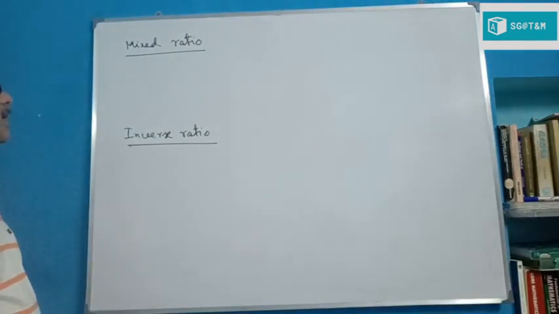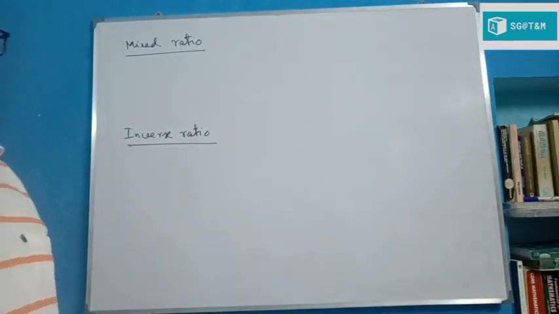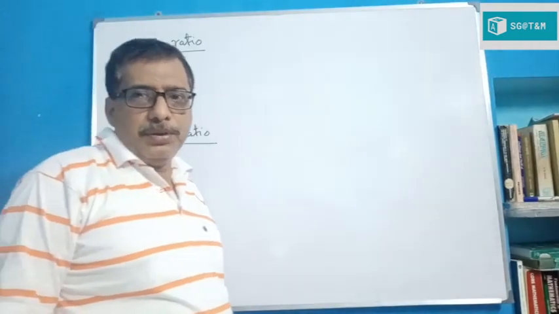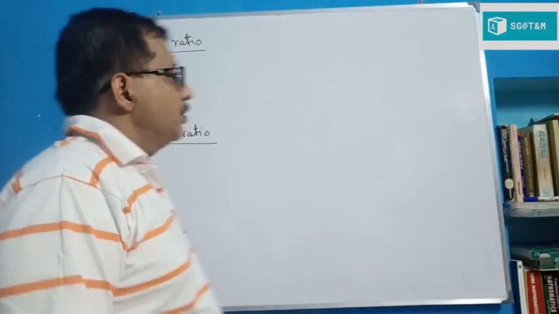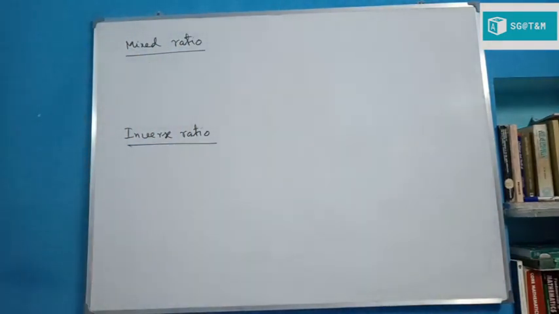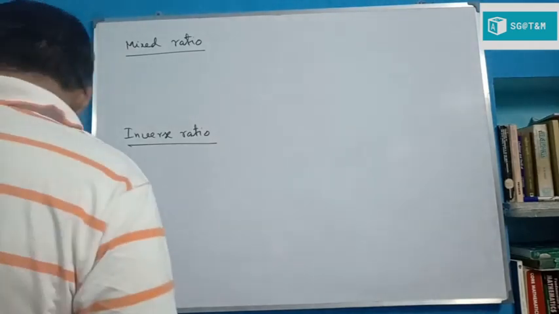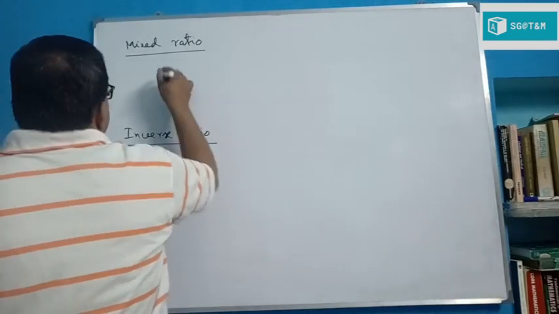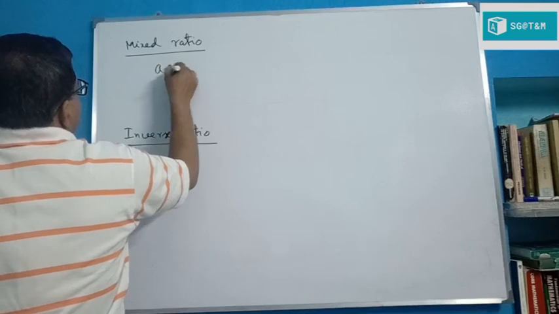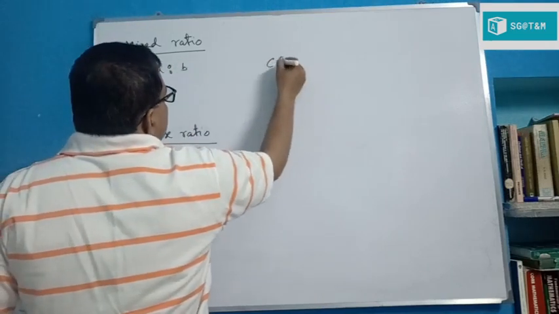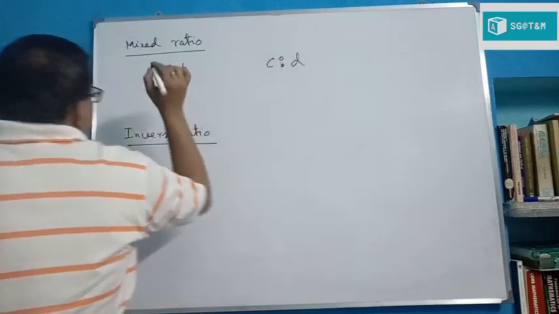Next, we study mixed ratio and inverse ratio. Mixed ratio means if we take two ratios, one is A:B and the other is C:D.